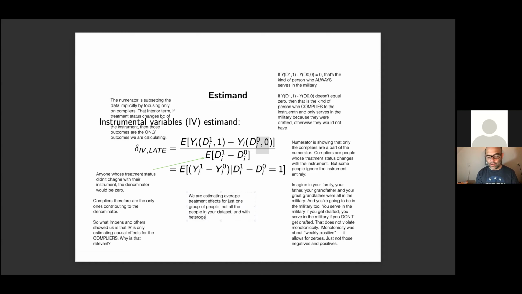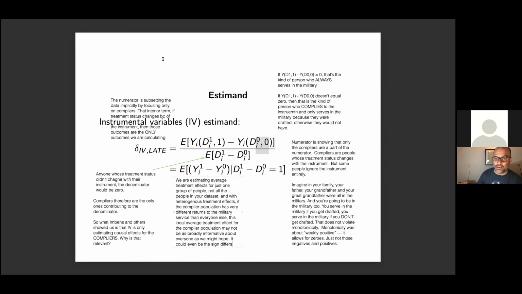And with heterogeneous treatment effects, if the complier population has very different returns to military service than everyone else, this local average treatment effect for the complier population may not be as broadly informative about everyone as we might hope. It could even be the sign differs.